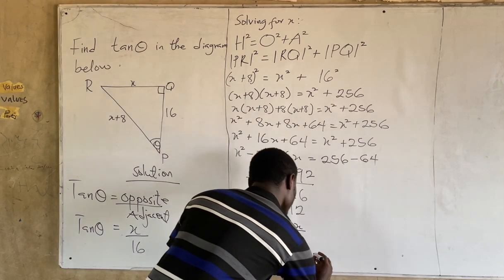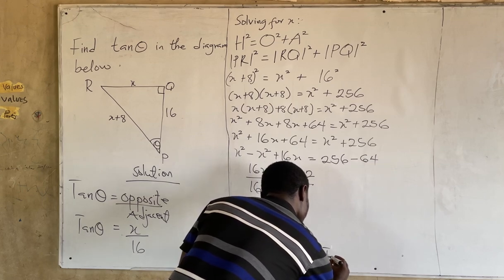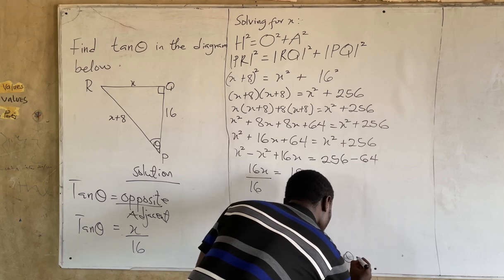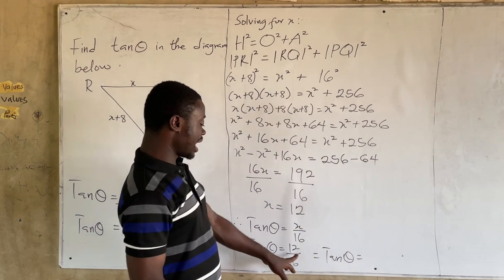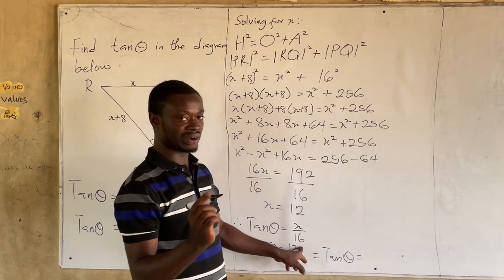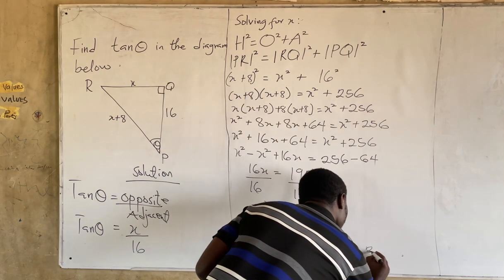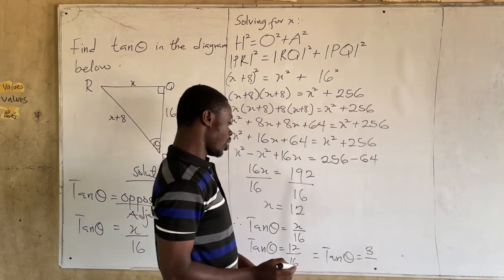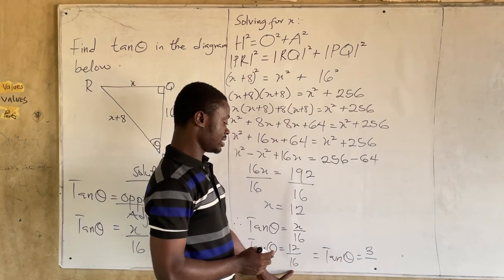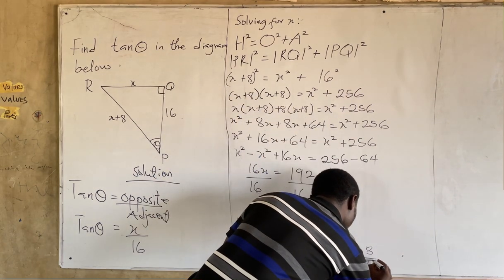Finally, we know that 4 can divide 12 and 16. 4 goes into 12 3 times, so we get 3 here, and 4 goes into 16 4 times. So we get tan theta equals 3 out of 4.